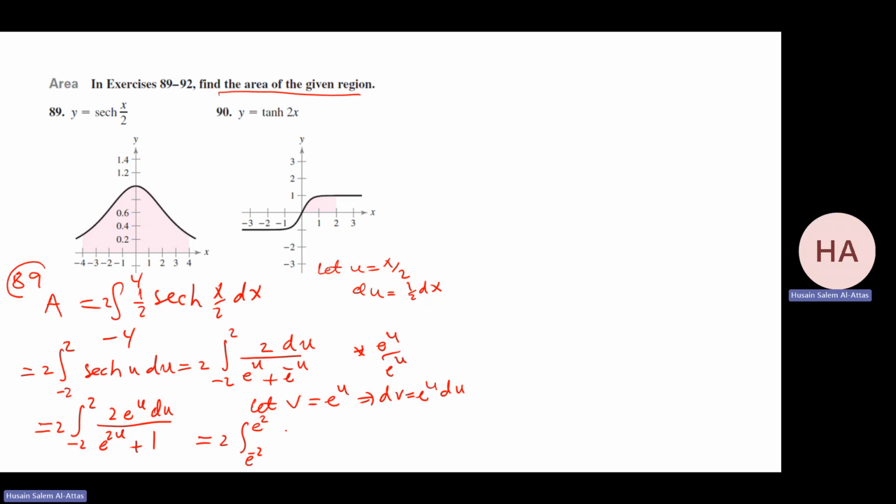I have 4 times the integral of dv over v squared plus 1. And that will be 4 tan inverse of v from e to the minus 2 to e squared. And that gives me what?